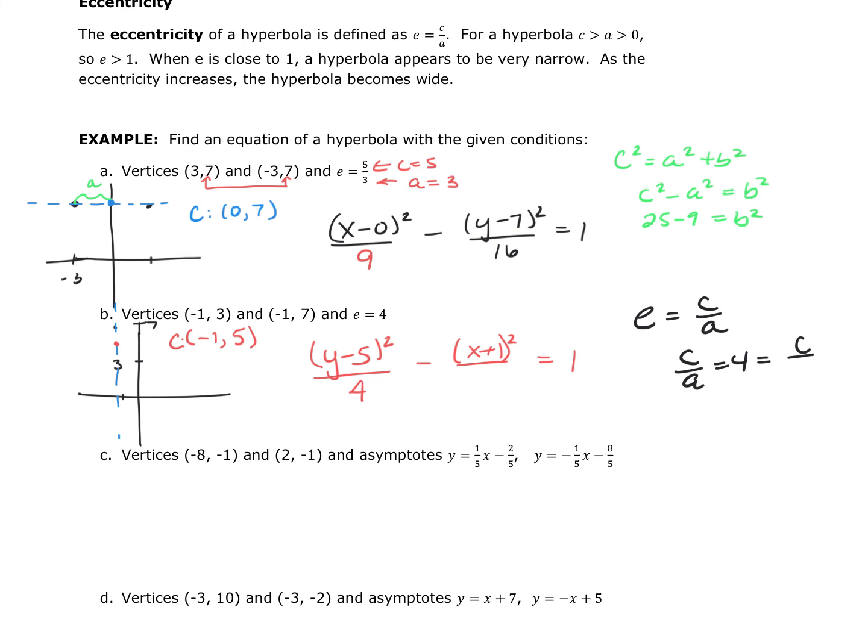My a happens to be 2, because a is the distance from the center to a vertex. So solving for c, I get 8. Chasing b is what I'm doing, and so I have c squared minus a squared equals b squared all day long. c squared is 64, minus a squared, which is 4. That tells me my b squared must be 60.